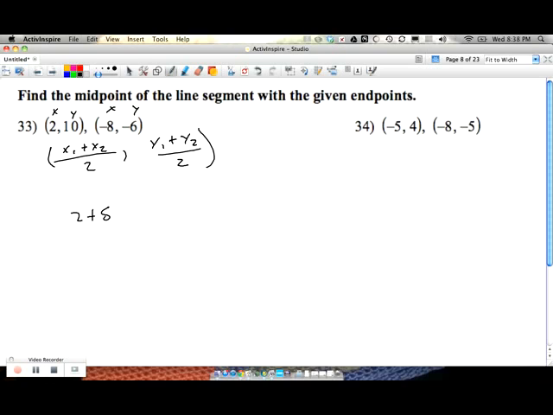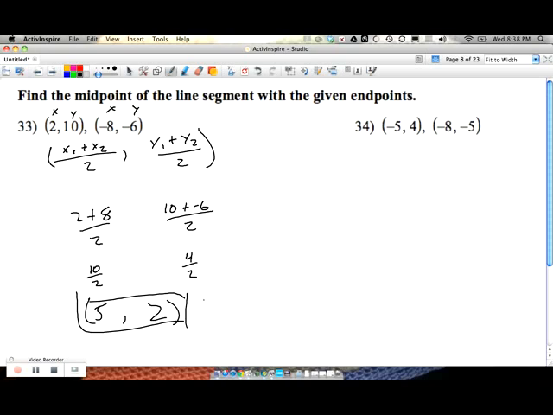So let's add the x's. 2 plus 8 divided by 2. That's really 10 divided by 2, or 5. So that's my x value. For my y values, that's 10 plus -6 divided by 2. Well, 10 plus -6, that's 4 divided by 2, or just 2. So that would be my answer for this one, 5, 2.